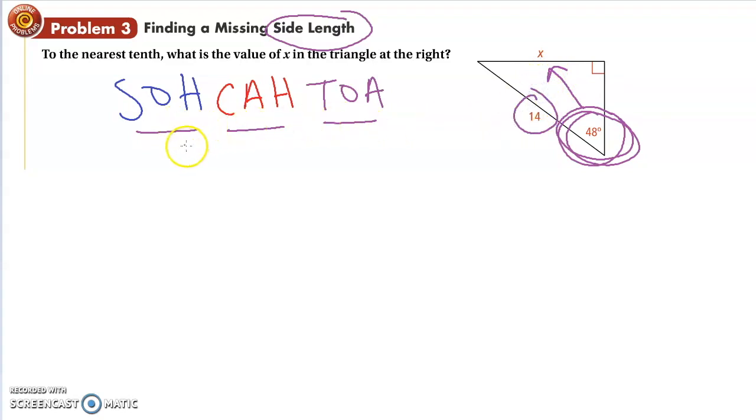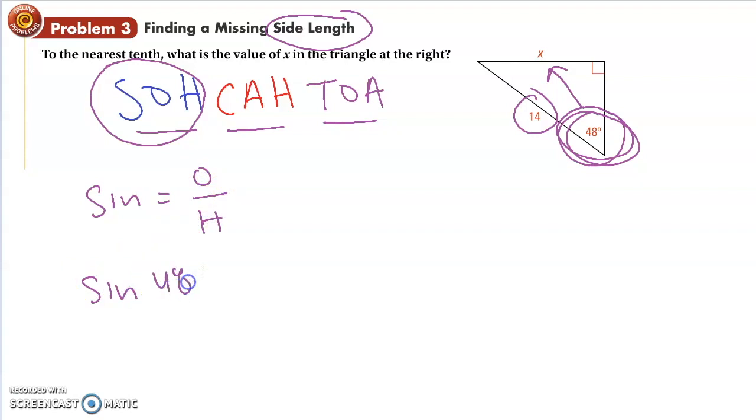So which of these three, sine, cosine, or tangent, uses the opposite and the hypotenuse? Ding, ding, ding, sine. Sine uses opposite over hypotenuse. So in this case, sine of 48 degrees is equal to x over our hypotenuse, which is 14.